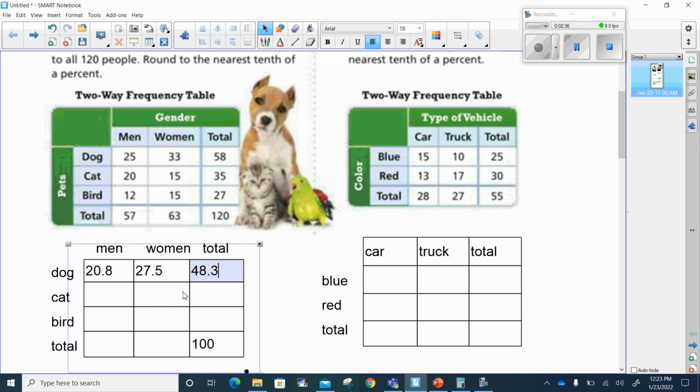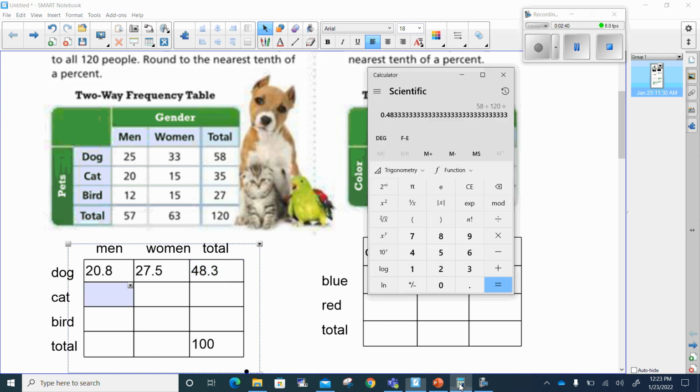20 divided by 120. That's going to equal 16.6 repeating, so 16.7.